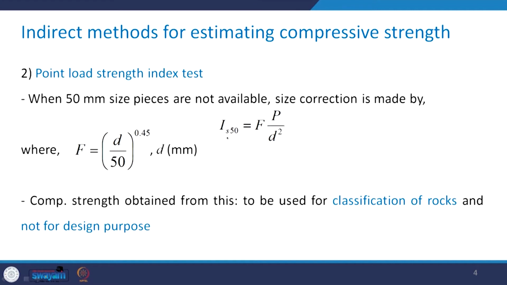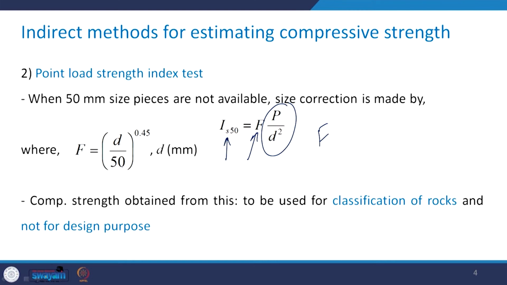So let us say if it is 30 millimeter size, then you have to apply this correction. The corrected index is defined as you have to multiply the P by D square term with a factor capital F, which is defined as diameter divided by 50 to the power 0.45, where this diameter is in millimeter.